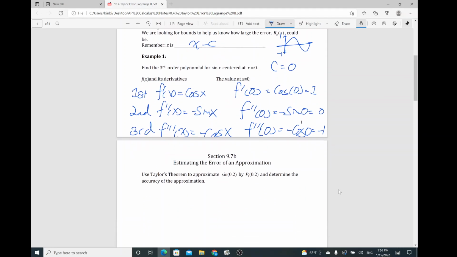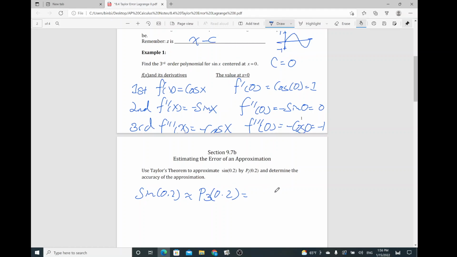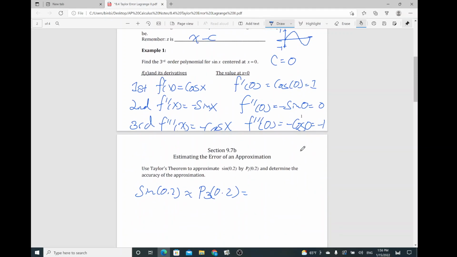We're going to use the Taylor polynomial to approximate sine of 0.2 by p sub 3 of 0.2. Start with f of c, so sine of 0, that's 0.